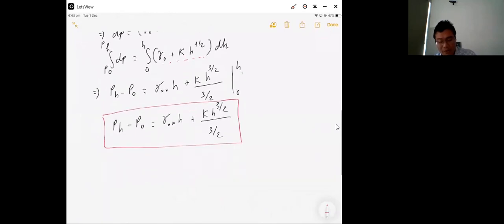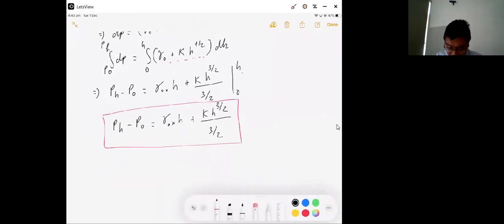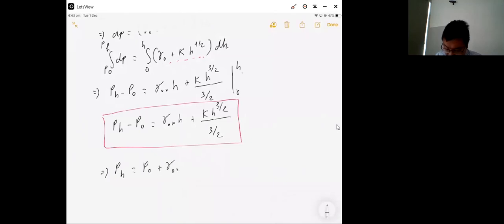PS is equal to PO plus gamma O times S plus K S^(3/2) divided by 3/2.